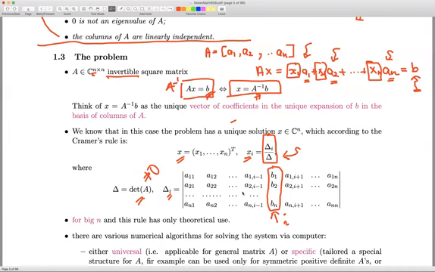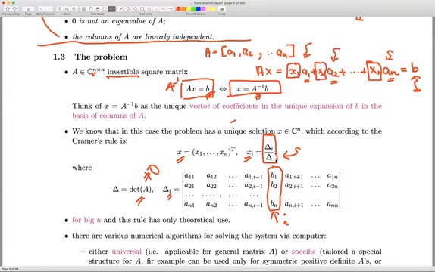We compute the determinant of this new matrix, which is the number delta i. Then the ith coordinate of the unknown vector is just the ratio of these two numbers. Again, for big n, in computation, this rule is not used, for various reasons, and it has only a theoretical use.